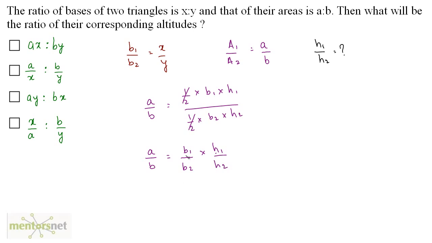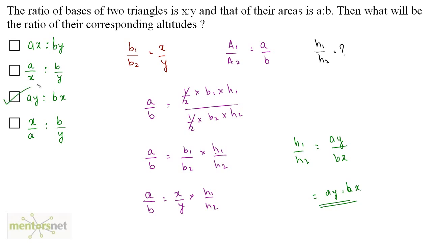Okay, so B1 by B2 is x by y. So we have A by B is equal to x by y times H1 by H2. So therefore H1 by H2 is equal to AY by BX. So this is equal to AY is to BX. So option C is the correct answer.